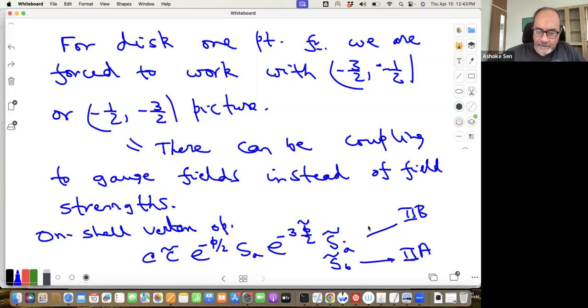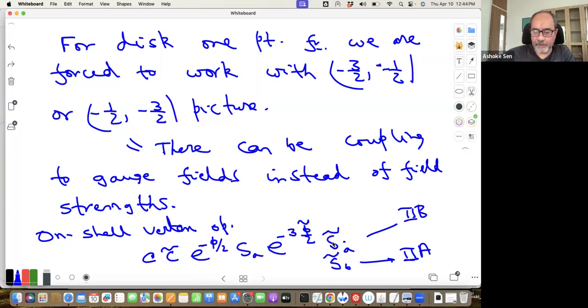But with the same rule, what we have done here is that we have replaced e to the minus phi tilde by 2 by e to the minus 3 phi tilde by 2. So the GSO property of this is opposite to the GSO property of e to the minus phi tilde by 2, because you have put in an extra e to the minus phi tilde, which is GSO odd. This means that in order to have a valid GSO even vertex operator, we must change the chirality of this.